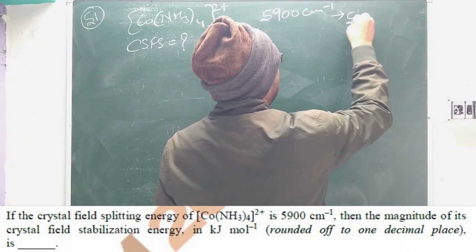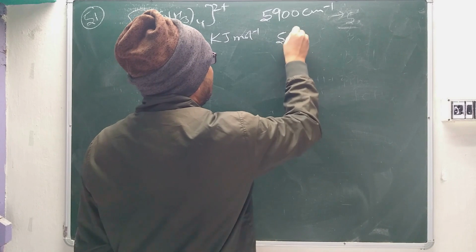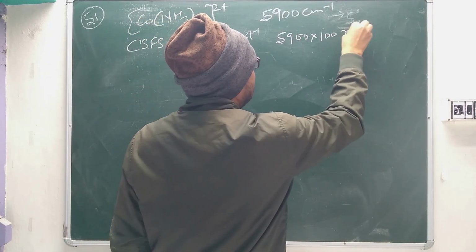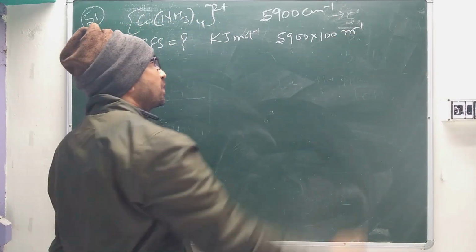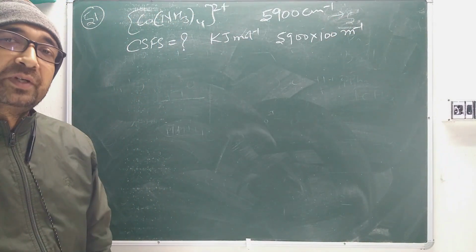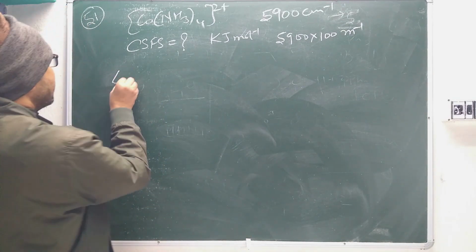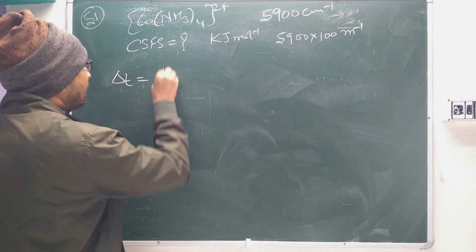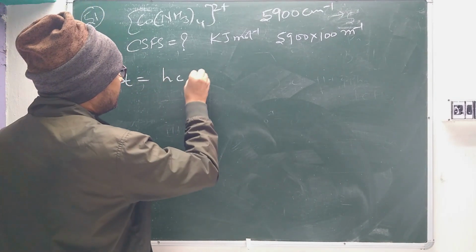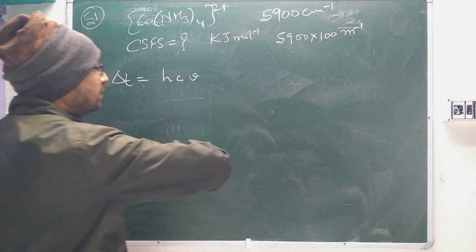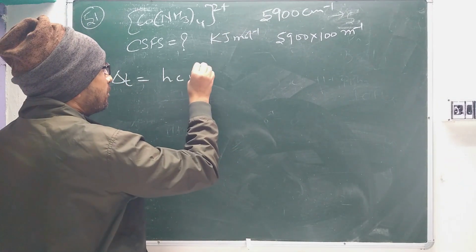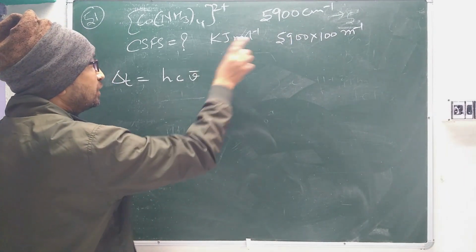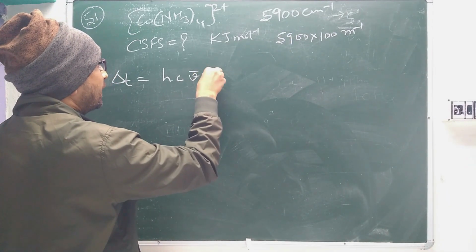So this per centimeter we have to change to per meter, right? So 5900 into 100, so it will be per meter. So this we have converted to per meter. Now for delta tetrahedral we have to find it out. What will be the formula for delta tetrahedral? It will be h c and the frequency, whatever frequency is given, and then multiplication with Avogadro number.